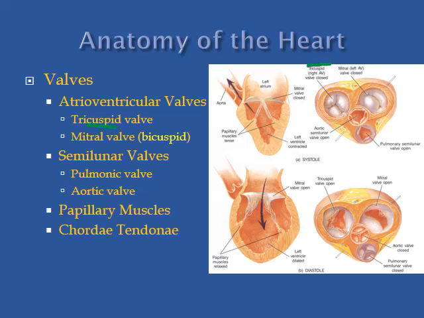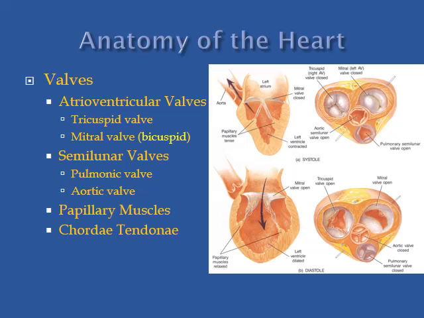Then you have the mitral valve, or the bicuspid valve, between the left atrium and left ventricle. So, memory jogger to keep the tricuspid and the bicuspid or mitral valve straight in the order of blood flow: you have to try it before you buy it. The tricuspid valve is on the right side, the bicuspid valve is on the left side. So far, so good. That's the atrioventricular valves.